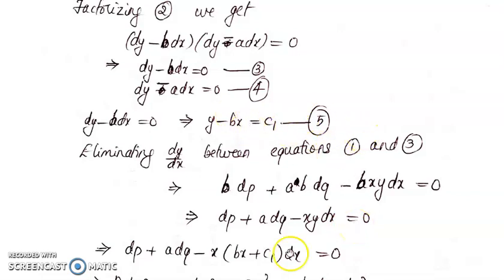From equation 5, y is equal to c1 plus bx. Replace y, so you will get the equation dp plus a dq minus x into (bx plus c1) dx. This equation is integrable, because we can take its derivatives: the coefficient of dp is constant, the coefficient of dq is constant, and the coefficient of dx is a function of x. So this is integrable.